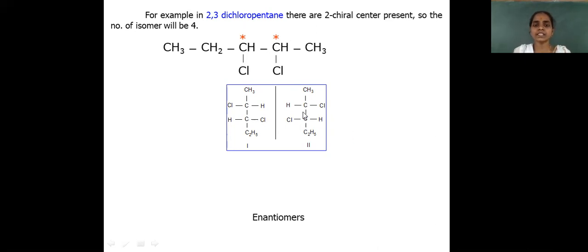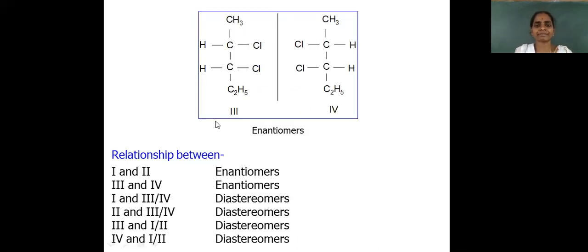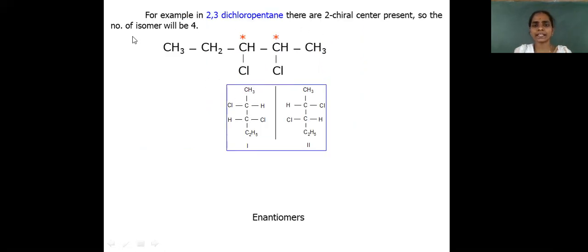These are called enantiomers. Why do we call them enantiomers? Because they show a mirror image. Here is how we can represent the spatial arrangement.